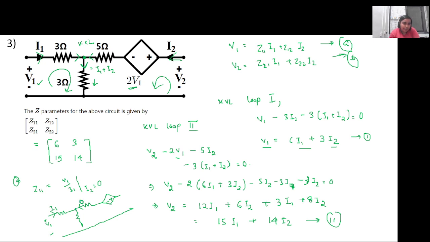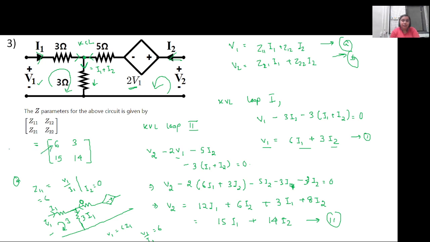Whatever current is flowing here will flow through this 3 ohm resistance, again equal to I1 because I2 is 0. Applying KVL in this short loop, V1 is I1 into 3 plus I1 into 3. So V1 will be equal to 6I1, so V1 by I1 is 6. So Z11 is equal to 6, which is what we got in this case.